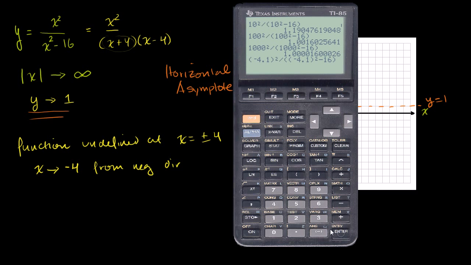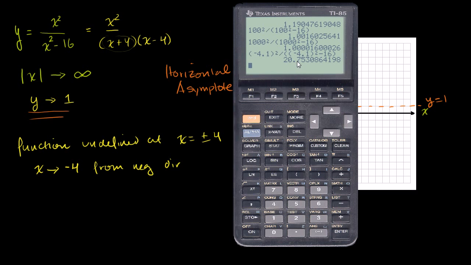What do we get? We get 20.75. Let's see if we get even closer to negative 4. So instead of negative 4.1, let's do negative 4.01.